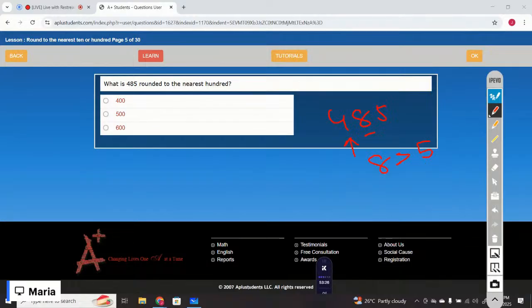Add 1 to the hundreds digit and then replace the rest of the numbers with 0. It would be rounded to 500.